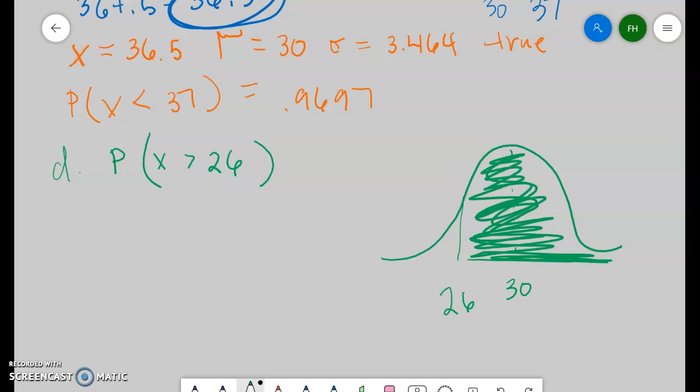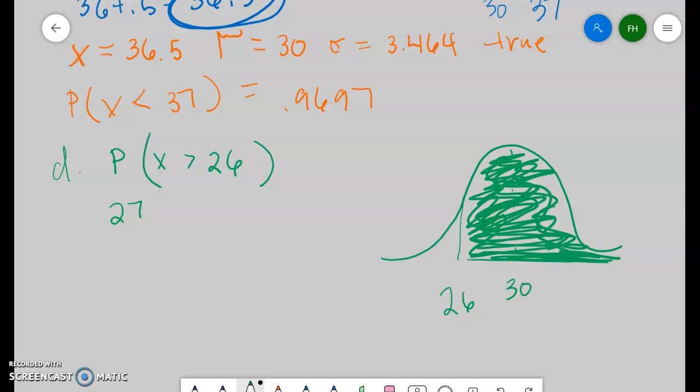So our 26 is our left boundary. Our right boundary is to infinity. So remember, first of all, greater than 26 would actually mean we would want 27 because we don't want to include 26.